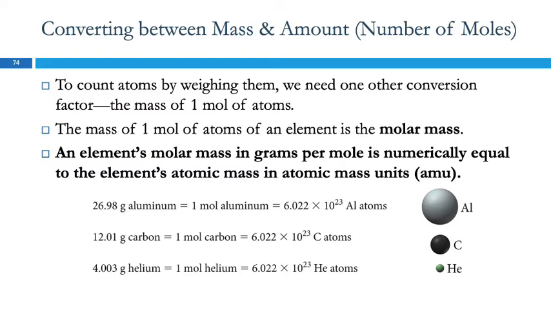The molar mass is in grams. Same number. So we look on the periodic table, we see that the average mass of an aluminum atom is 26.98 atomic mass units. That means that there are 26.98 grams in 1 mole of aluminum, which is Avogadro's number of particles.